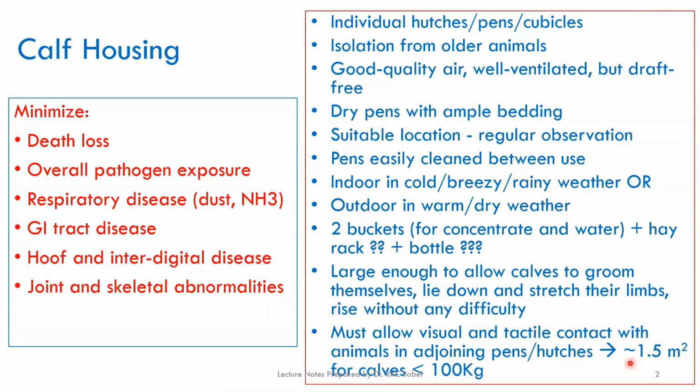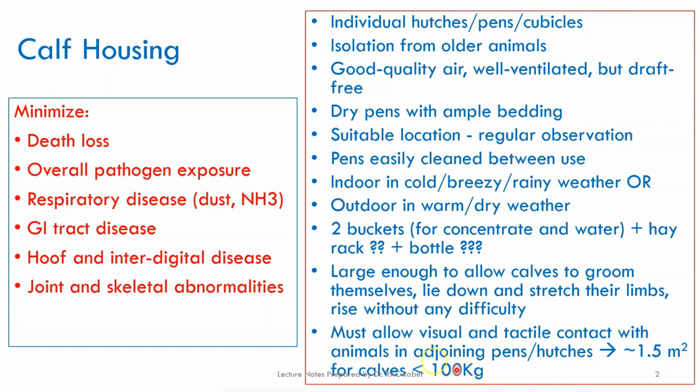So Jersey calves, or Jersey crossers, can be as small as 22 kilograms at birth, whereas large Holstein calves can be as large as 35 to 40. So ideally they should have two separate sizes of pens. Not essential, but ideal.